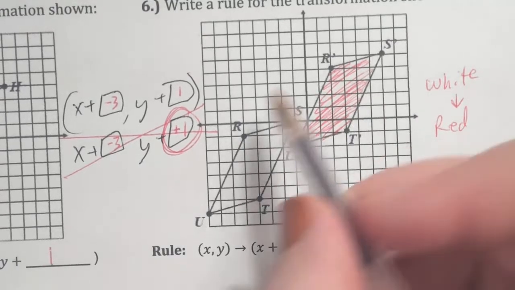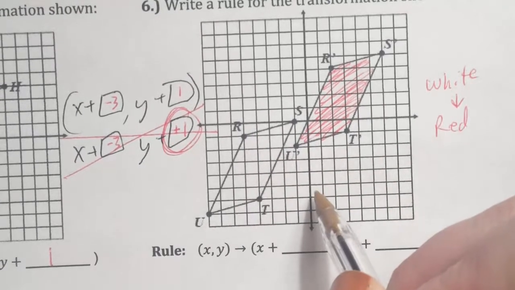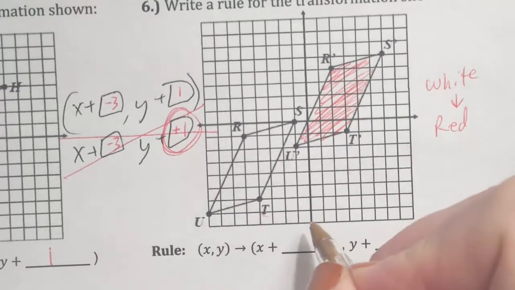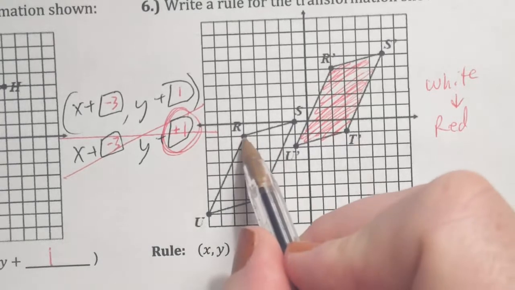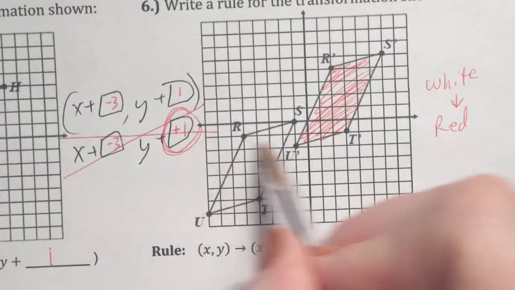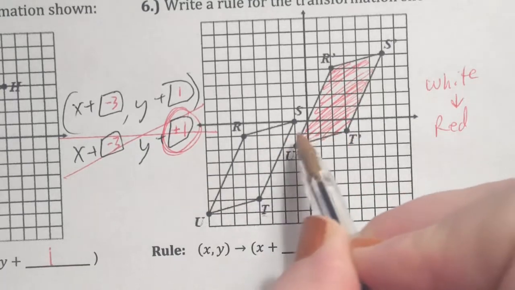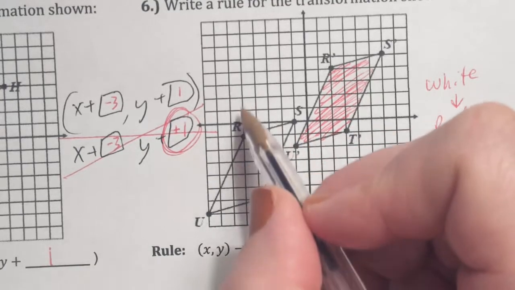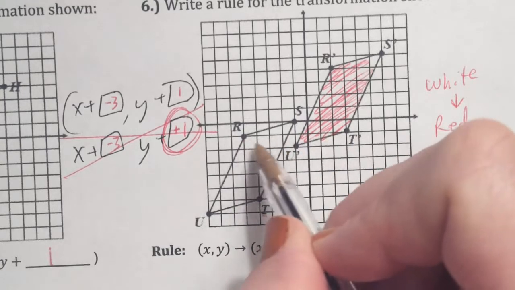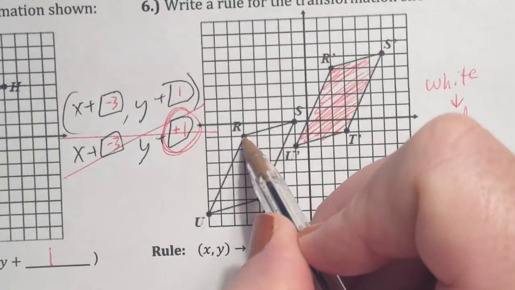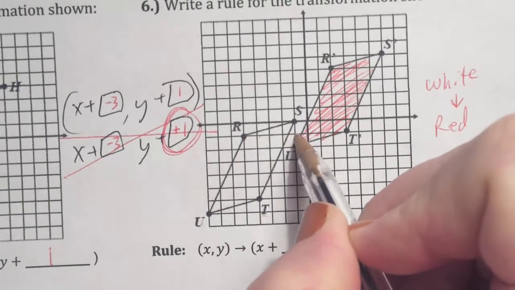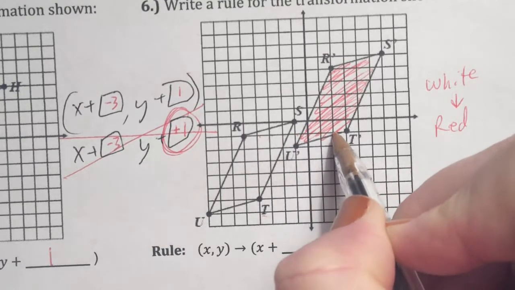Okay, so it doesn't matter what point you choose. We want to pick something that's most out of the way. So like if I do R, I want to go left or right first. So I would actually hit this picture. So a lot of people accidentally go up, gotta go left or right first. So R, if we used R, 1, 2, 3, 4, 5, 6, 7.